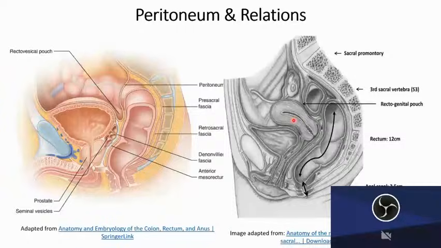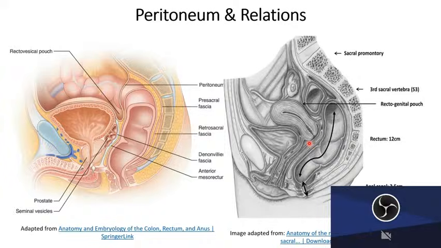Now from this we can define the relations. On the upper part, for the female we have the uterus, the lower pole of the uterus and the upper part of the vagina. At the fornices you can see the cervix projecting into the vaginal fornix. So this is the relation.